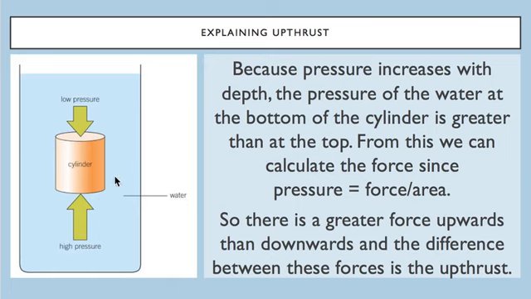Because the pressure here is greater than the pressure here, because we've got more volume of water above this point than we have here, for the same area it's going to have a greater force, so there's going to be an upthrust force pushing up, and the difference between those two is this upthrust force.